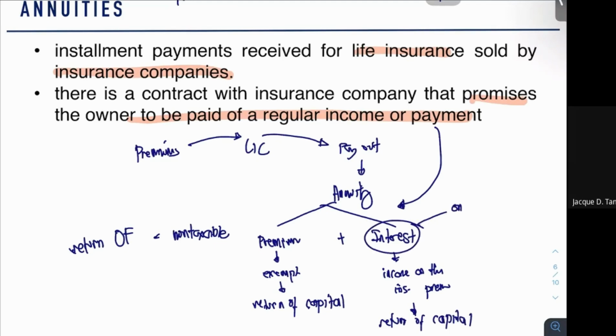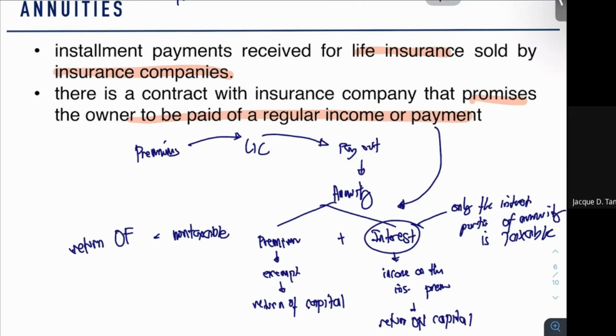Therefore, only the interest portion of annuity is taxable. Why? Because the interest portion is the return on capital.